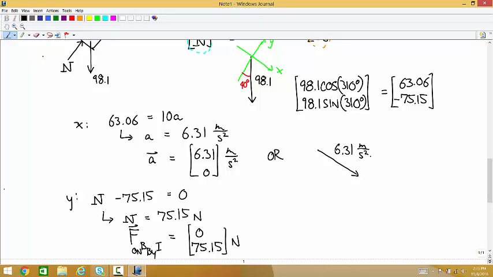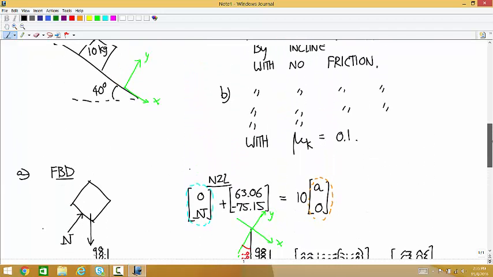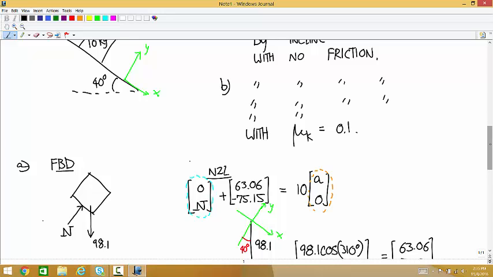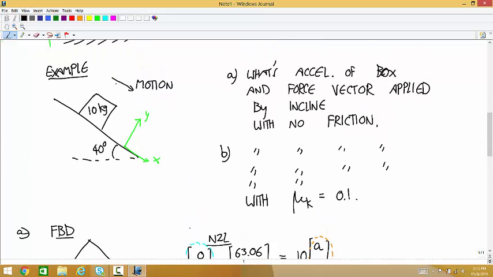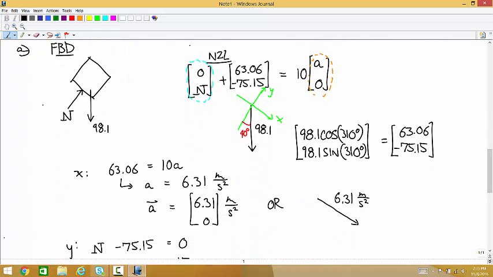And so is the box speeding up or slowing down? Speeding up. Because we know that if the velocity and acceleration are in the same direction, it's speeding up. If they were in the opposite direction, it would be slowing down.